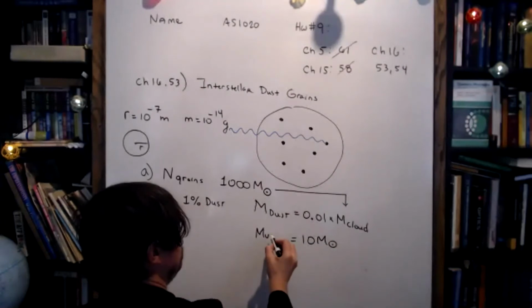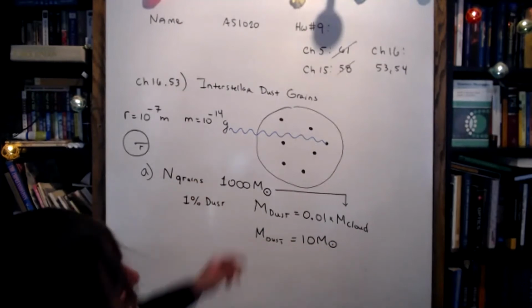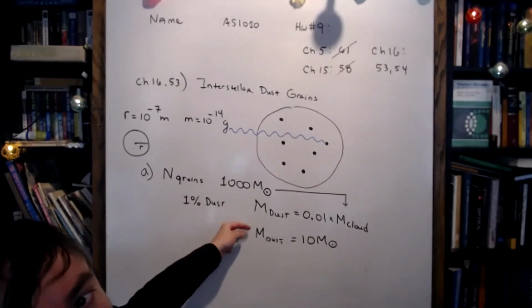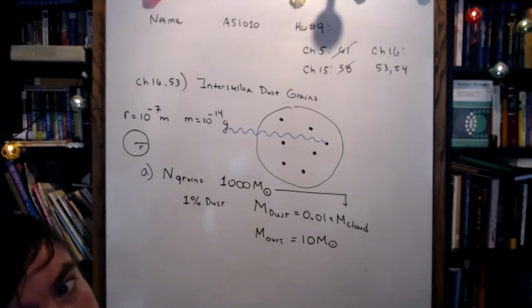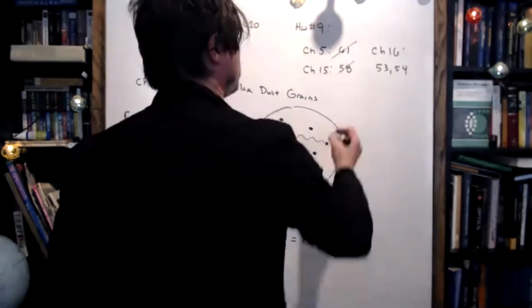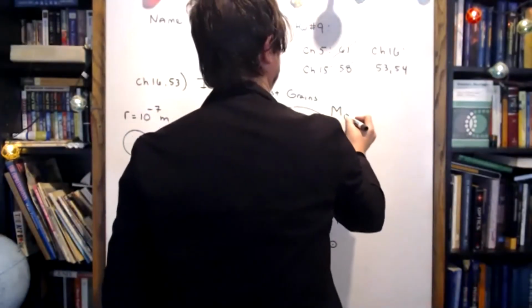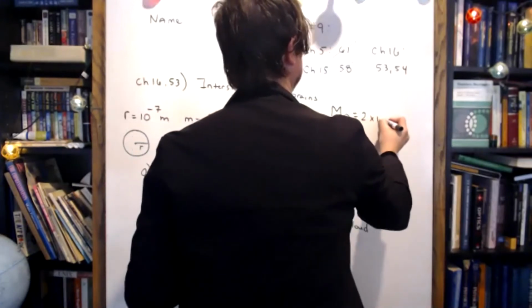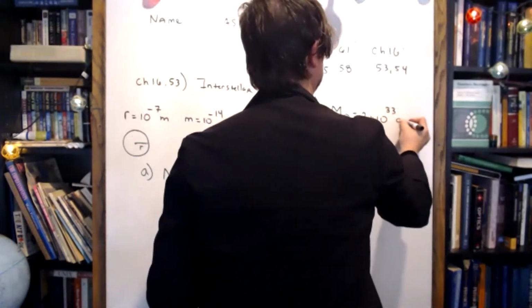Now, Christopher's idea is that the mass of the sun in grams, this is a helpful number to know, is 2 times 10 to the 33 grams.